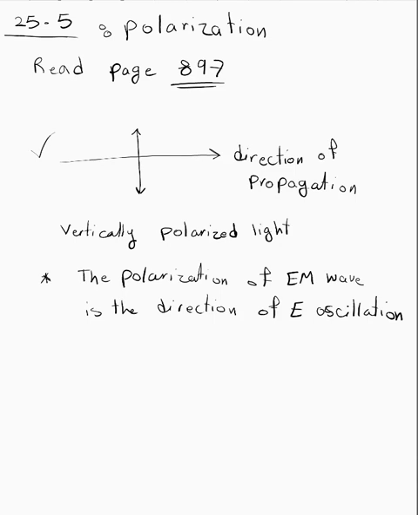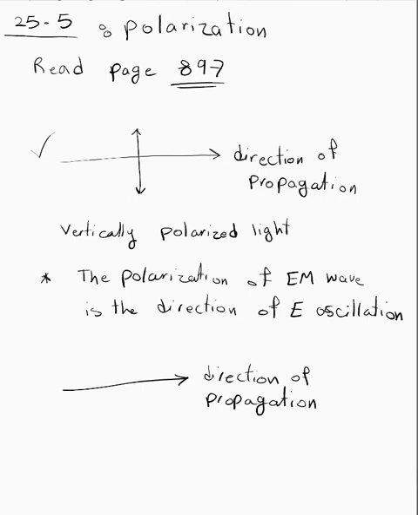Then if the light is unpolarized, and if this is the direction of propagation, this means that the electric field does not have a specific oscillation direction. So the polarizations are in all directions.